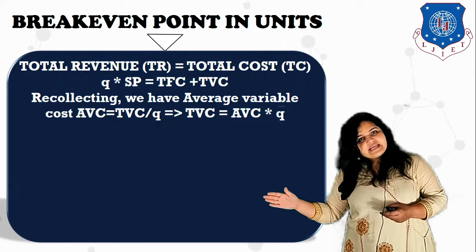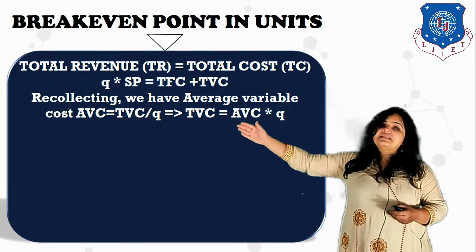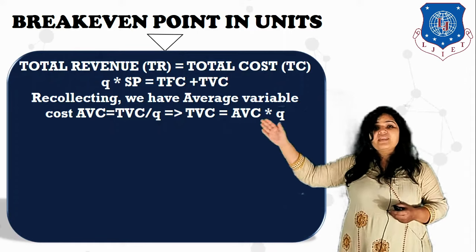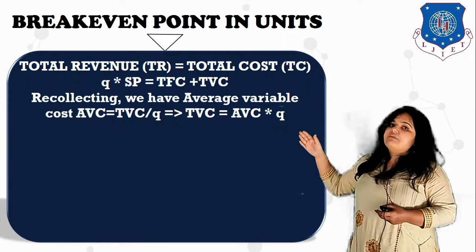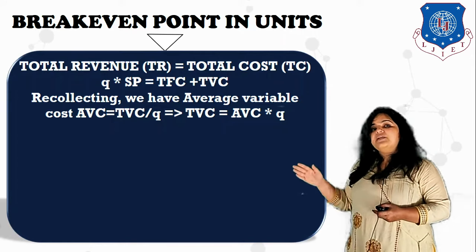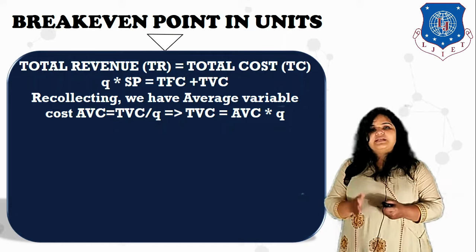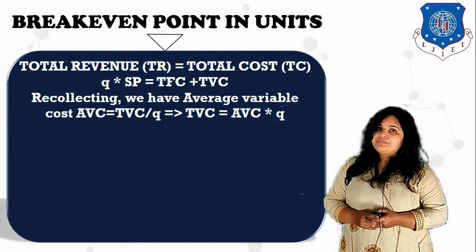So can we say that AVC is equal to TVC by Q, which will give us total variable cost TVC is equal to AVC multiplied by Q, average variable cost multiplied by number of units.